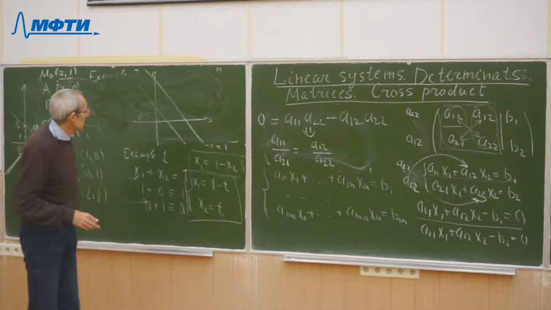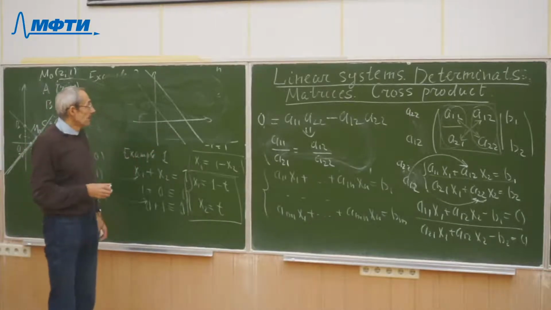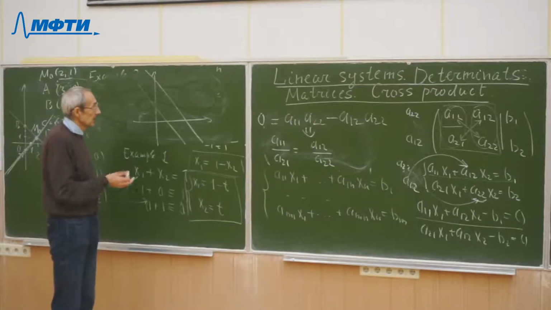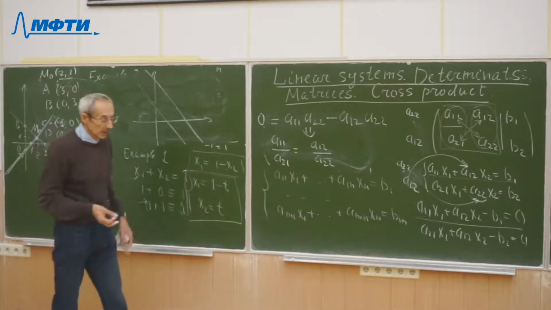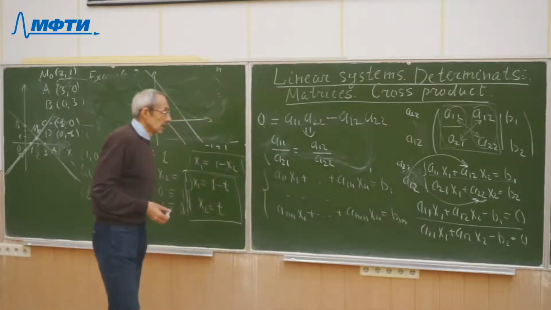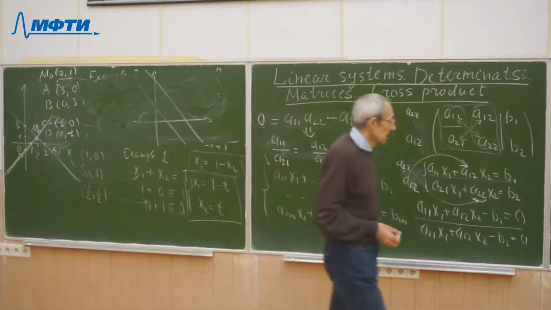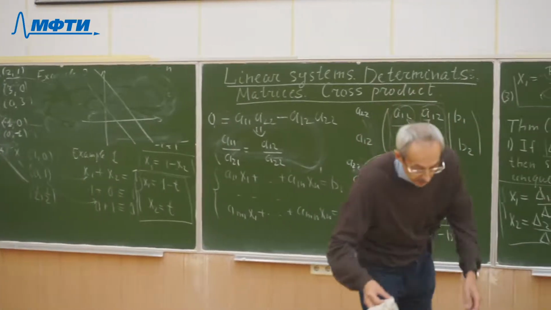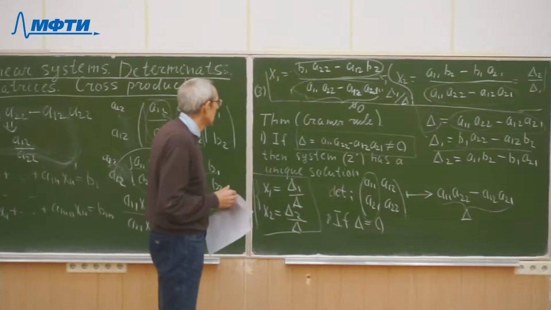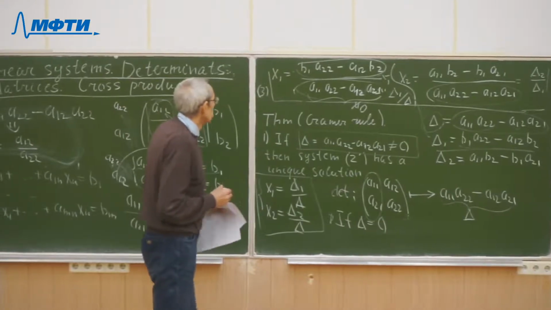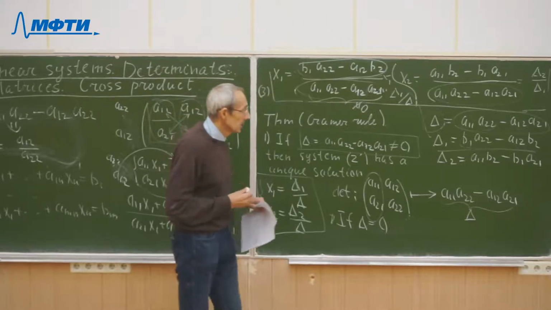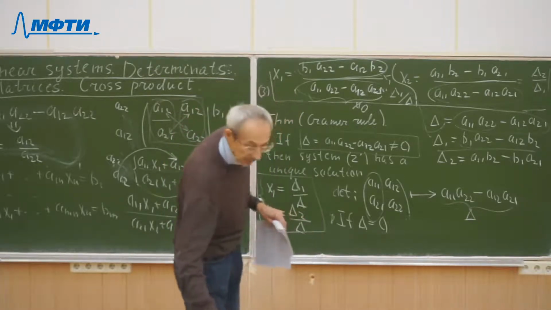But in the case when two straight lines coincide, the straight lines have infinitely many points of intersection. And we obtain the theorem, Cramer's rule, in the following form.